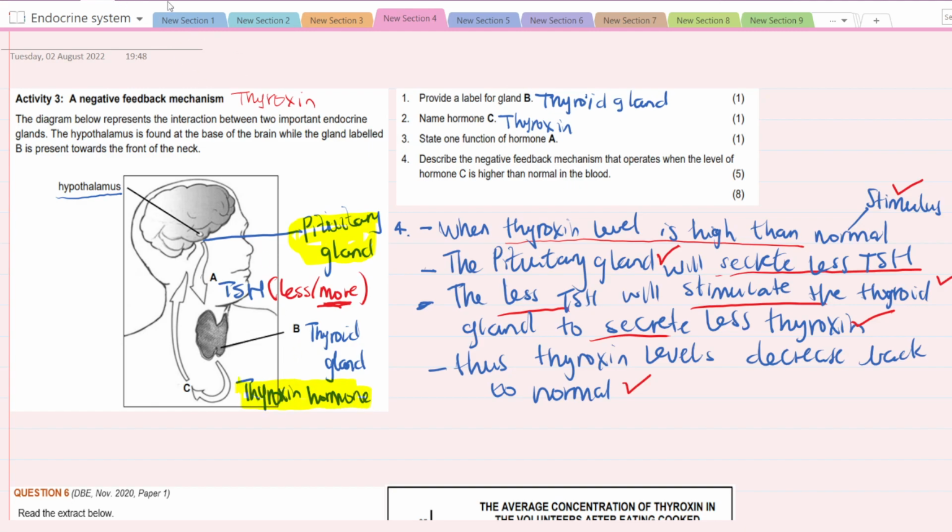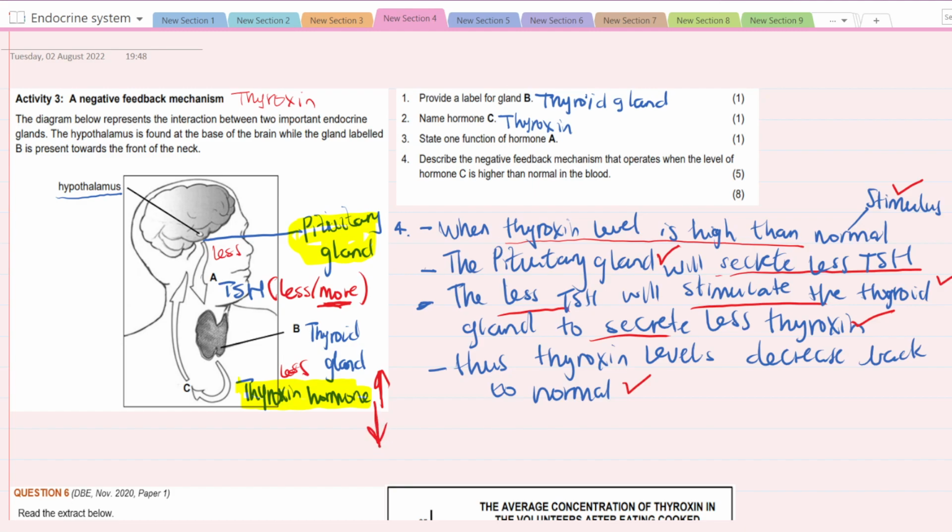Now if your thyroxin hormone increases, then the pituitary gland will detect the increase, and then it will try to secrete less TSH, and then less TSH causes the thyroid gland to secrete less thyroxin hormone, then the thyroxin hormone will decrease.